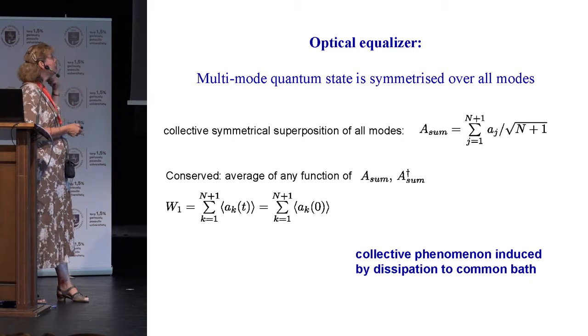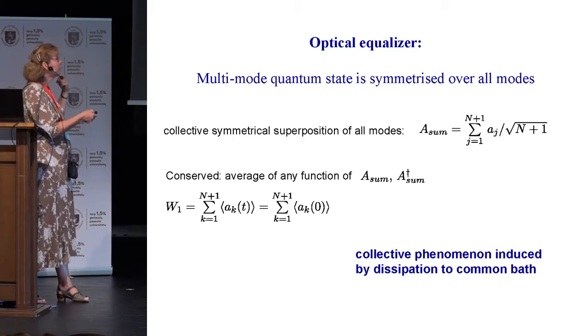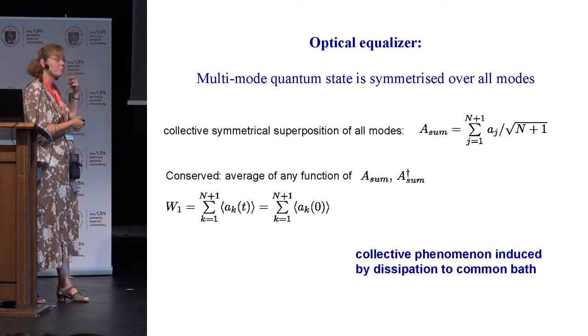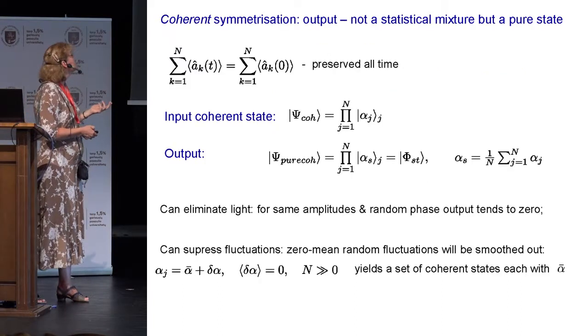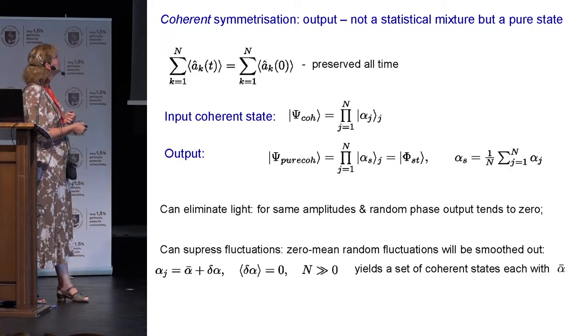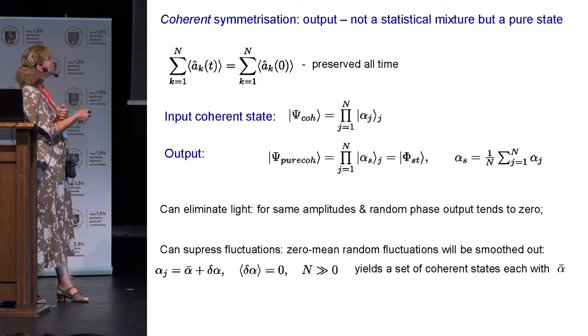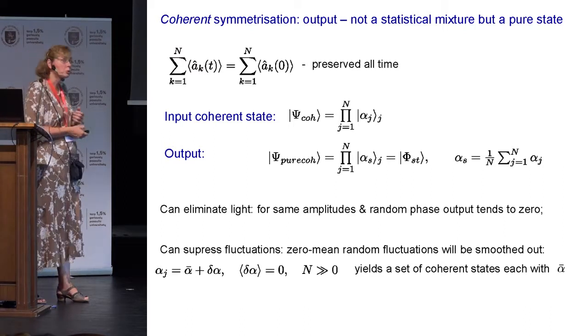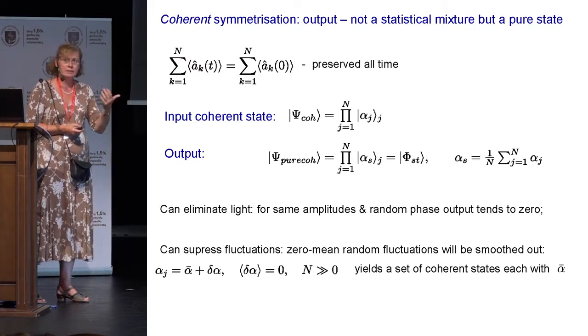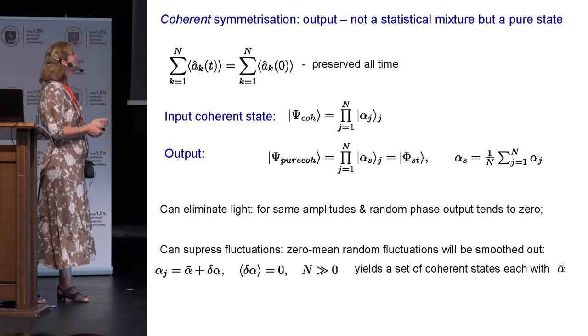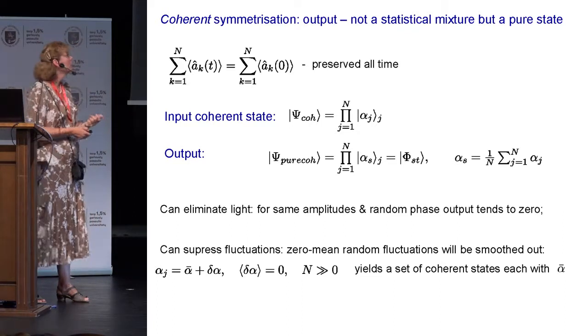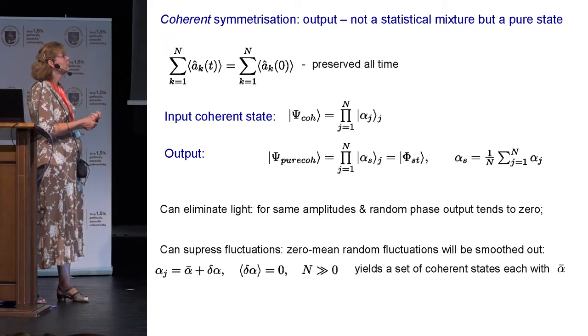Any function of this collective operator of this form is preserved, which means that if I start with an input coherent state, what I get at the output will not be a statistical mixture of my input states, but a pure state determined by the number of waveguides.